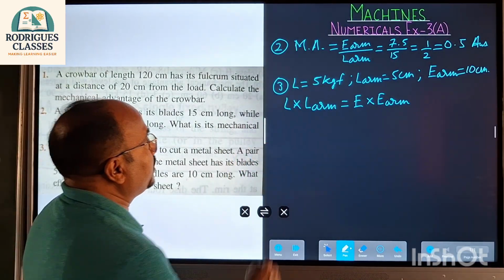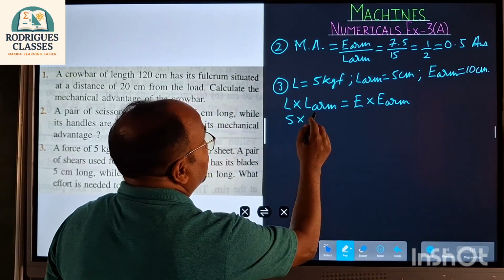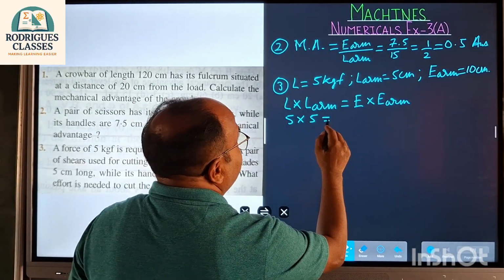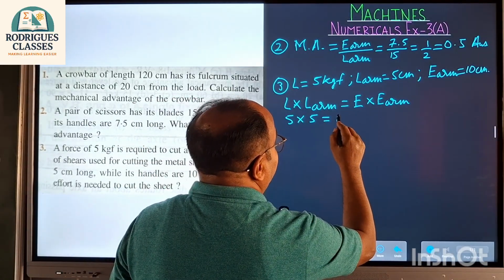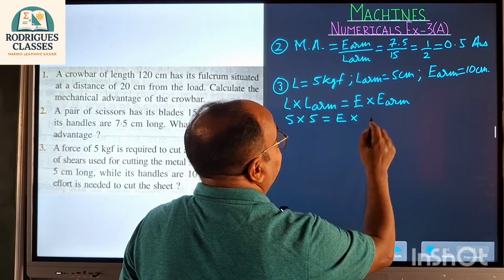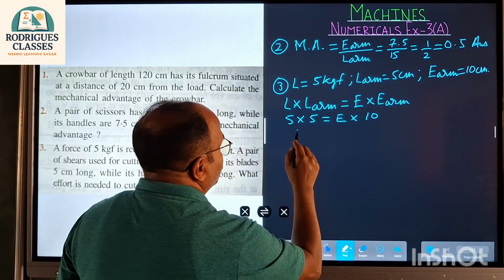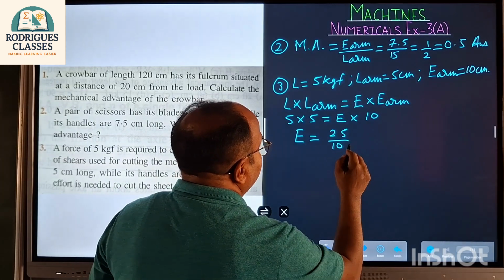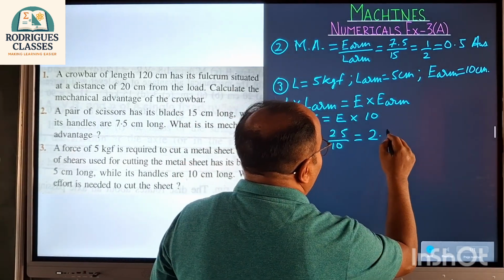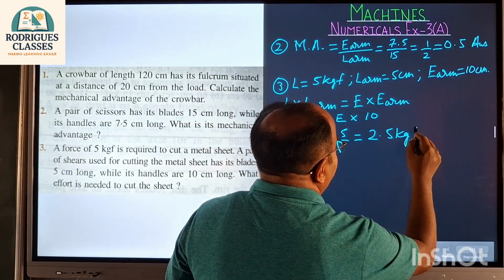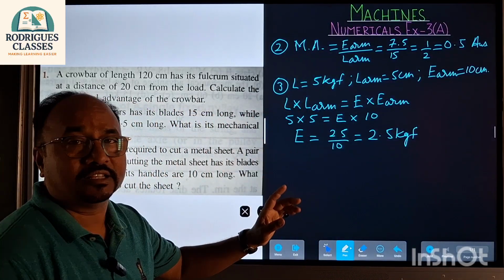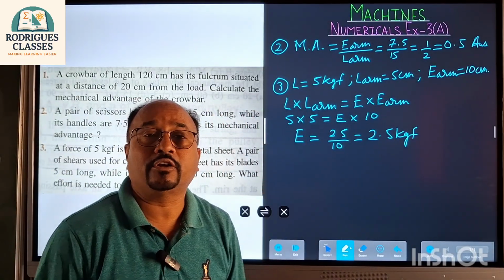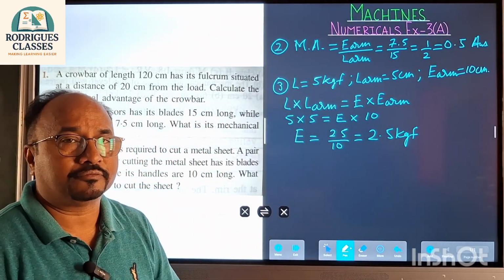So we know the load here as 5 kgf, load arm as 5, effort we have to find, and the effort arm as 10. So we get effort equals 25 by 10, that is equals 2.5 kgf, because the load was given in kgf, so we are writing effort unit also in terms of kgf.